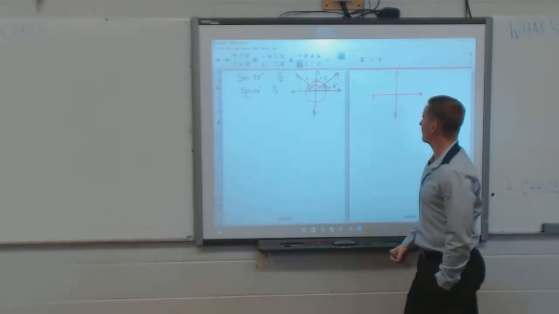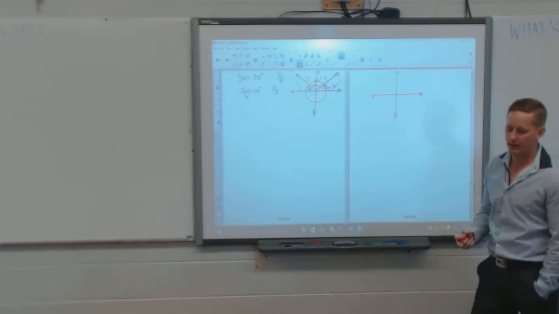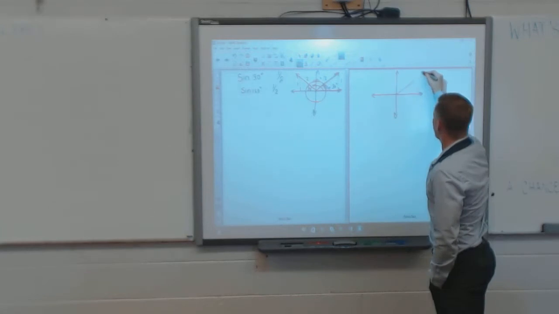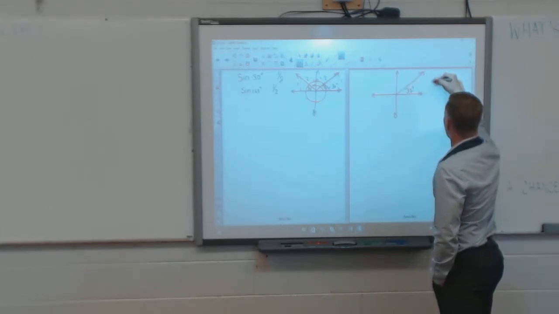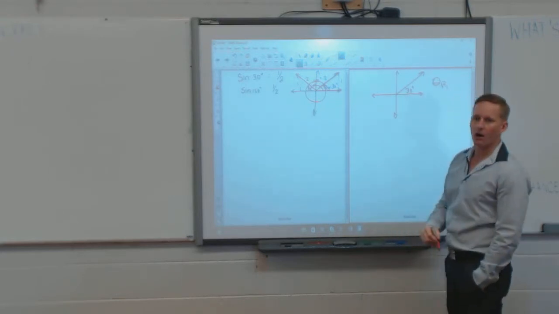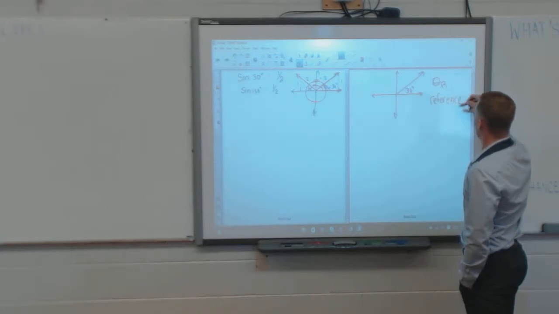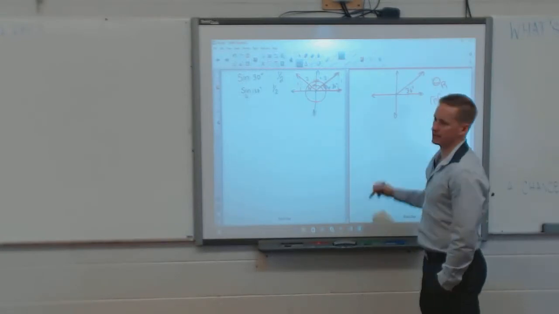We're going to go into much greater detail as we get going, but the initial one I want to look at is this. If I have this angle right here and I create 30 degrees, I refer to this as my theta r, which is my reference angle. The reference angle is always made with the x-axis.